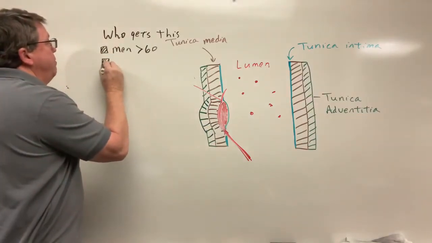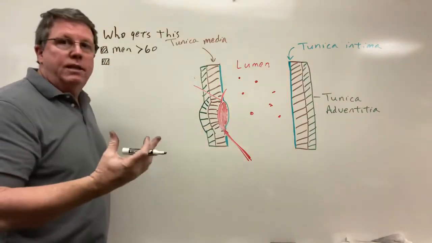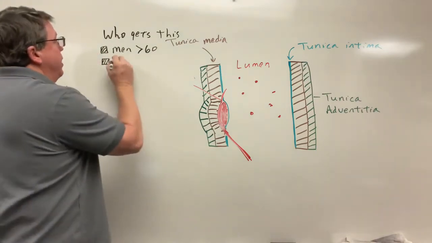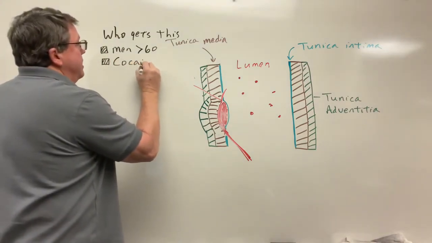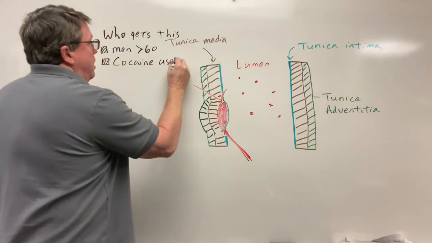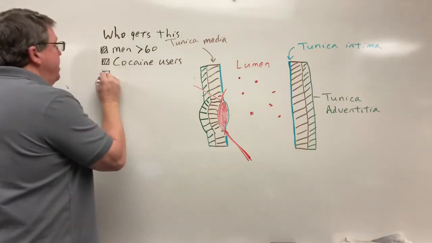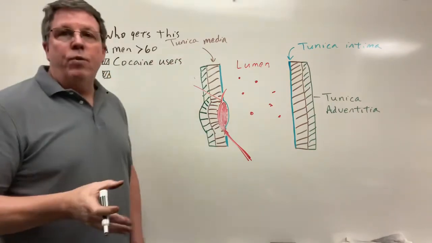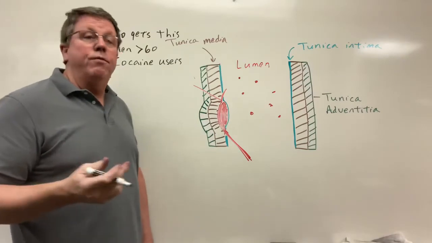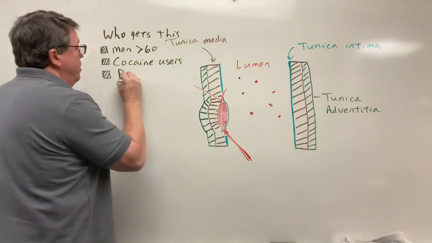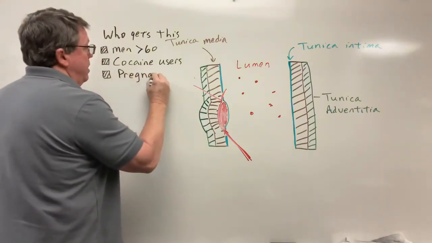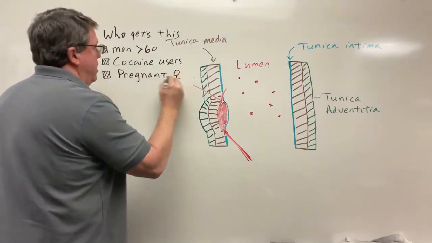It's more common in people who use drugs that stimulate the heart or that increase the blood pressure. So you may see this in cocaine users. The other people who may get it are women who are pregnant because now they're having to pump blood for two. So it may occur in pregnant women. Okay.